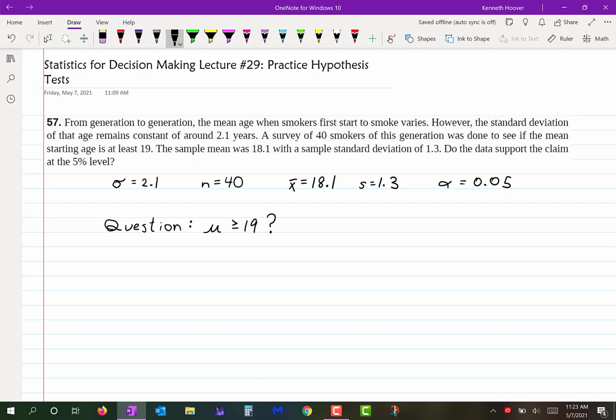Okay, let's write down our null hypothesis and alternative hypothesis. So the question is, mu equal to or greater than 19? So our null hypothesis will be mu is equal to or greater than 19.